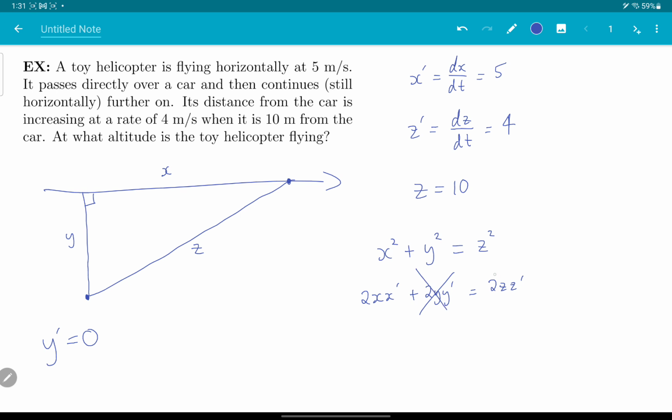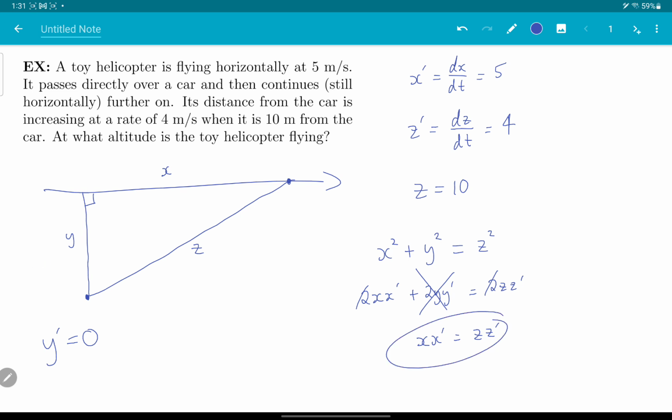What else can I do? Well, I can divide both sides by 2. Make some progress there. X x prime equals z z prime. And then we're looking for what? We're looking to find y, this fixed value y.